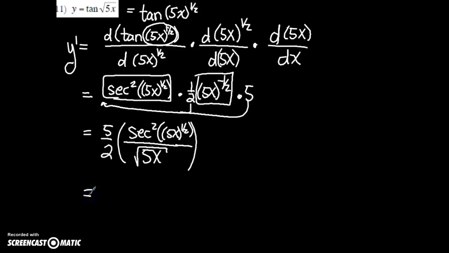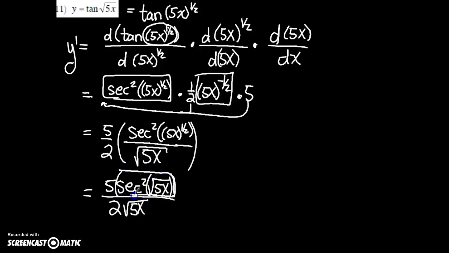And it also could be written like this. I'm also going to write the square root here as well. The 5 on the top, you can just leave it on top. And 2 root 5x.